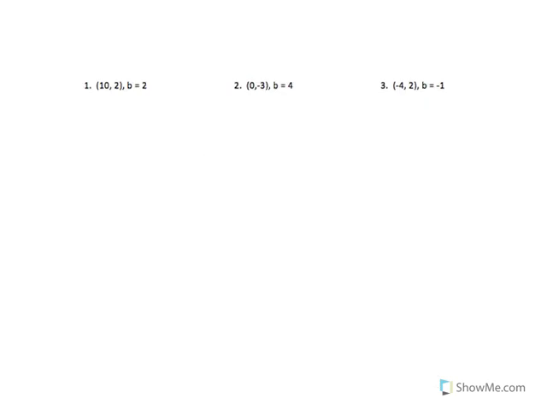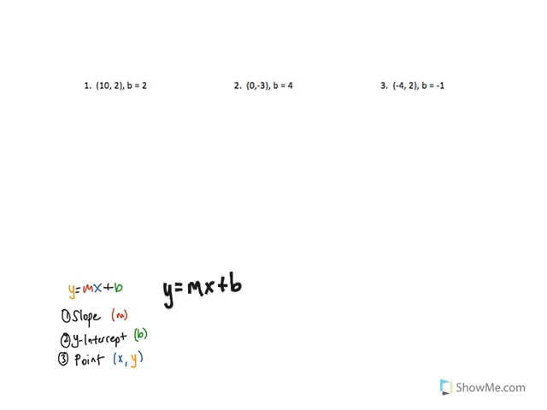So now we look at these ones here. Remember, we need 3 things. So remember, to write the equation of the line, I need the m and the b. But they don't always give me both of these. Sometimes I need to use a point to substitute in order to find the m or the b.